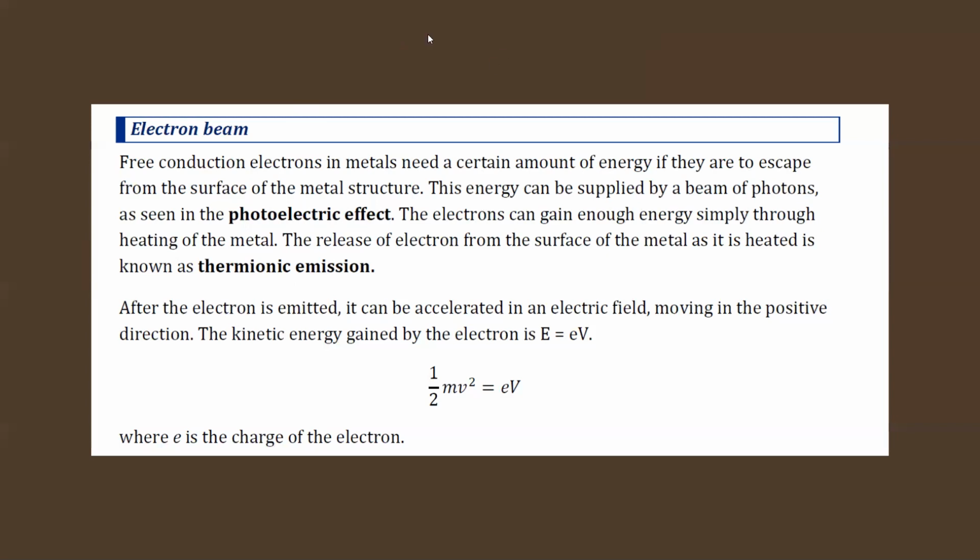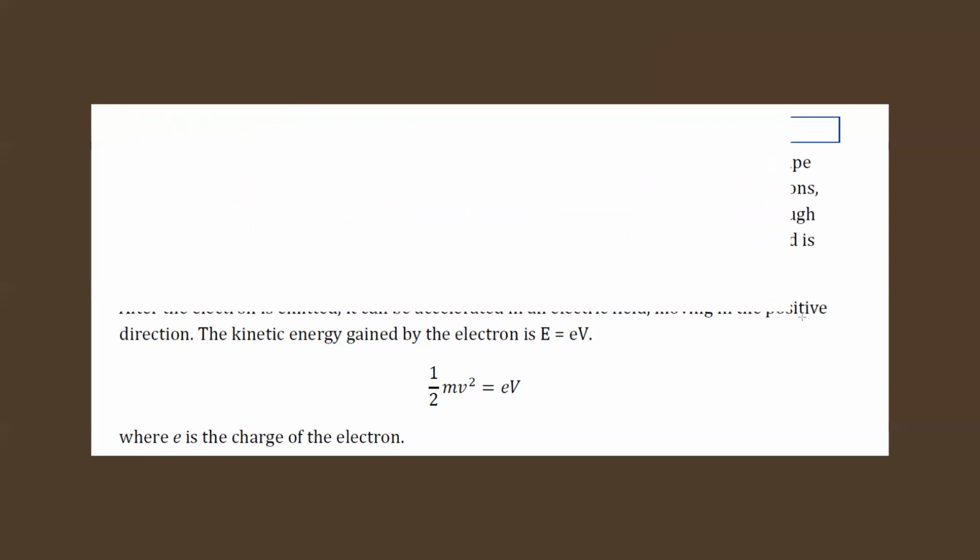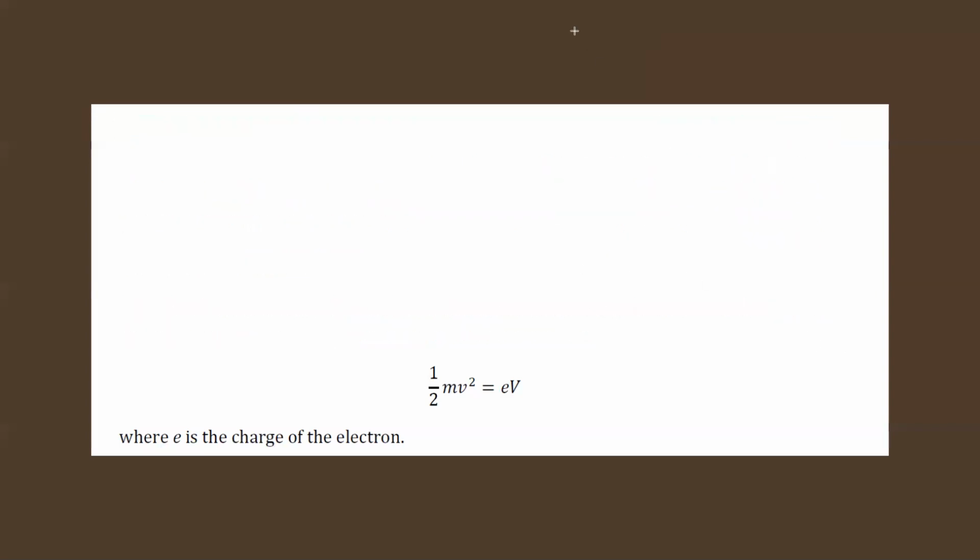So how can we use the beam of electrons to investigate matter? If we want to investigate the structure of a crystal, we can use X-ray diffraction or we can use electron diffraction.